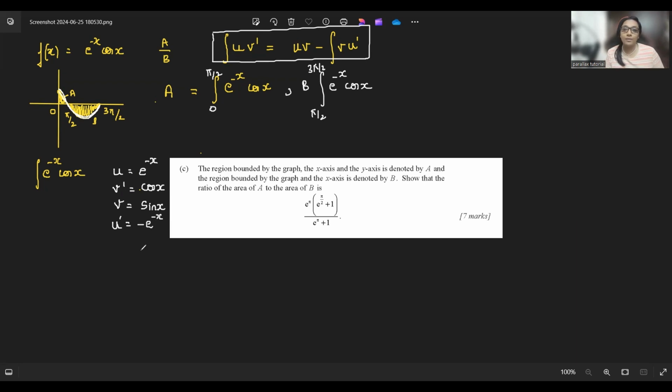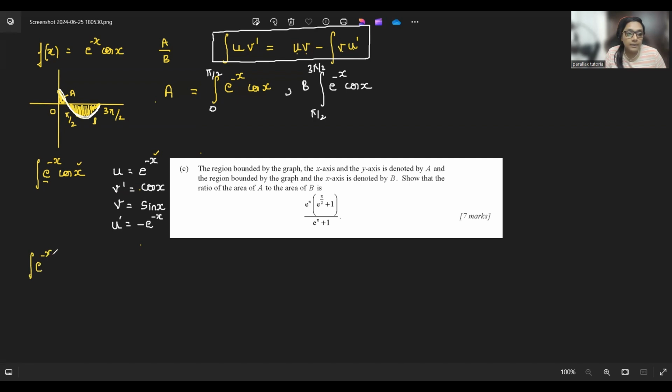Again, all of this will be covered when we do our calculus topic. After we have noted down u, v, u dash, and v dash, now we just simply apply the formula, right? So u is e to the power minus x, correct? And v dash is cos x, correct? So it should be equal to u into v minus integral of v u dash. Let's write it down.